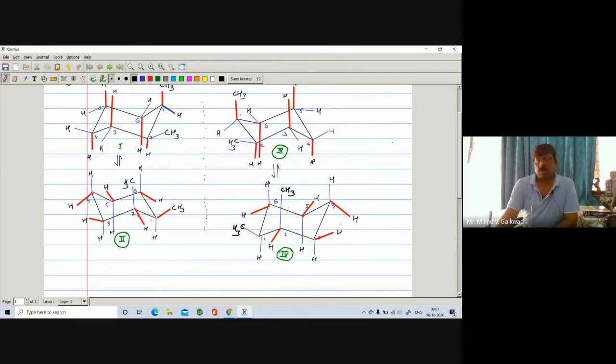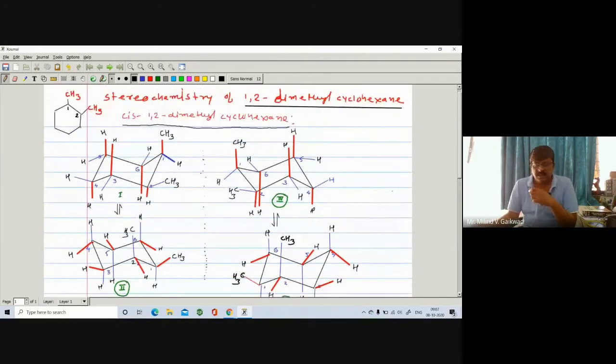So we have written the cis-1,2-dimethyl cyclohexane. In 1,2-dimethyl cyclohexane, if the two groups are on the same side of the general plane, then it is called cis. If they are on the opposite side, it is called trans.